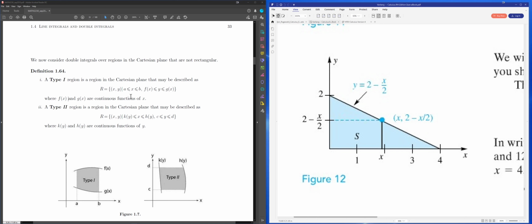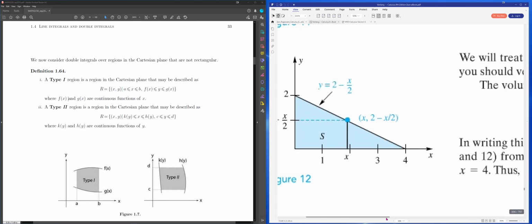So the answer would be, I'd have 0 and 4 over here, coming from these points lying between x values 0 and 4. And then the y values lie between two curves, y is equal to 0 and y is equal to 2 minus x on 2.